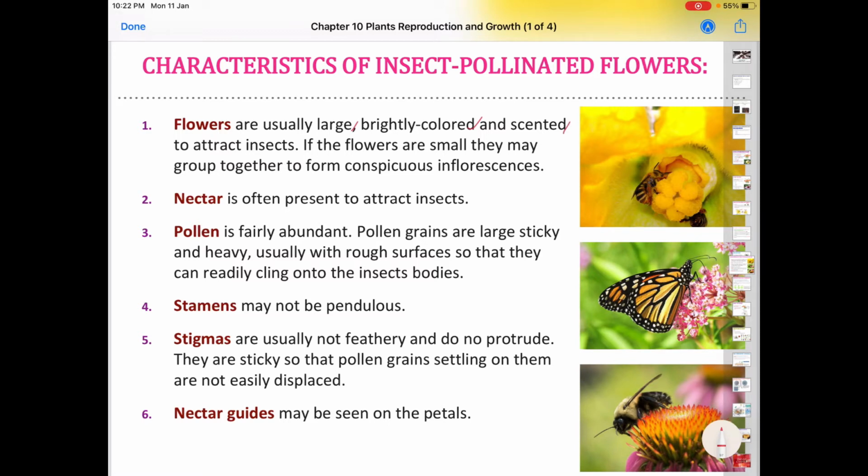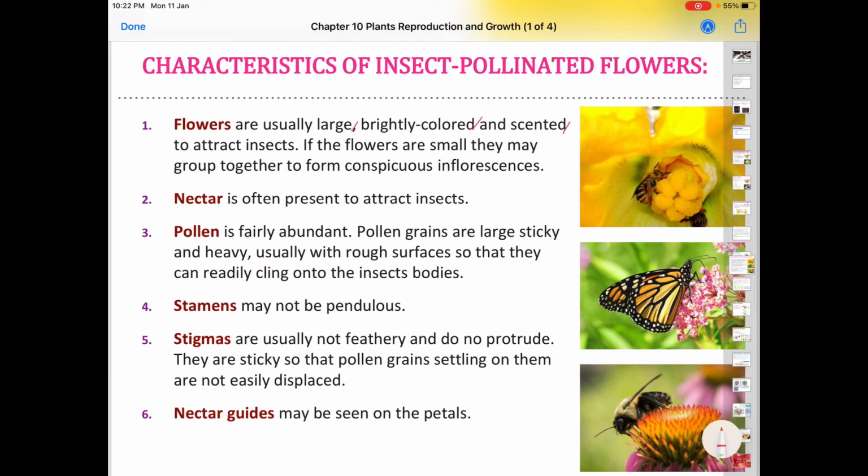They have good odors to attract those insects. If the flowers are small, they may be grouped together to form a conspicuous inflorescence. Nectar is often present to attract insects. The pollen itself is fairly abundant. Pollen grains are largely sticky and heavy, usually with rough surfaces, so that they can readily cling onto the insect body. So these are the characteristics of the pollen itself.